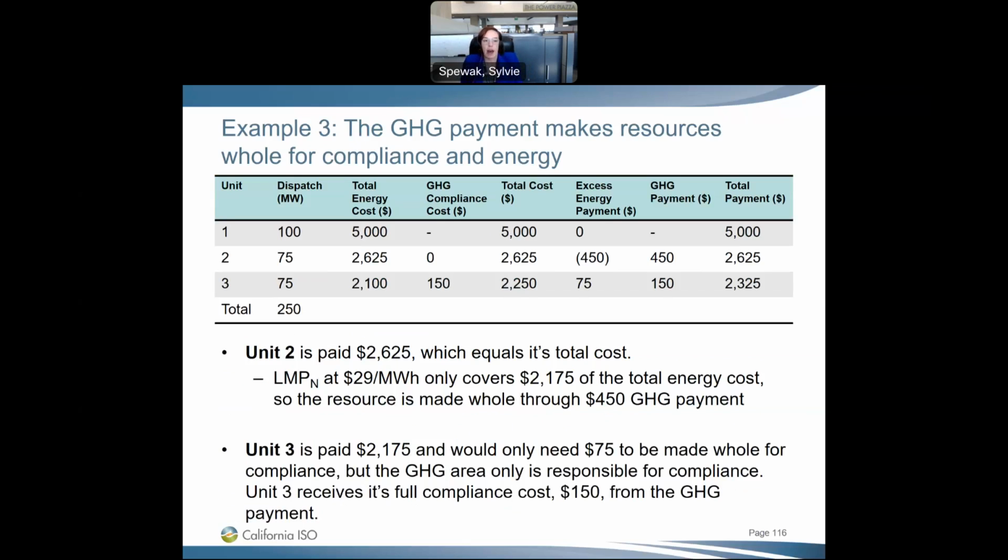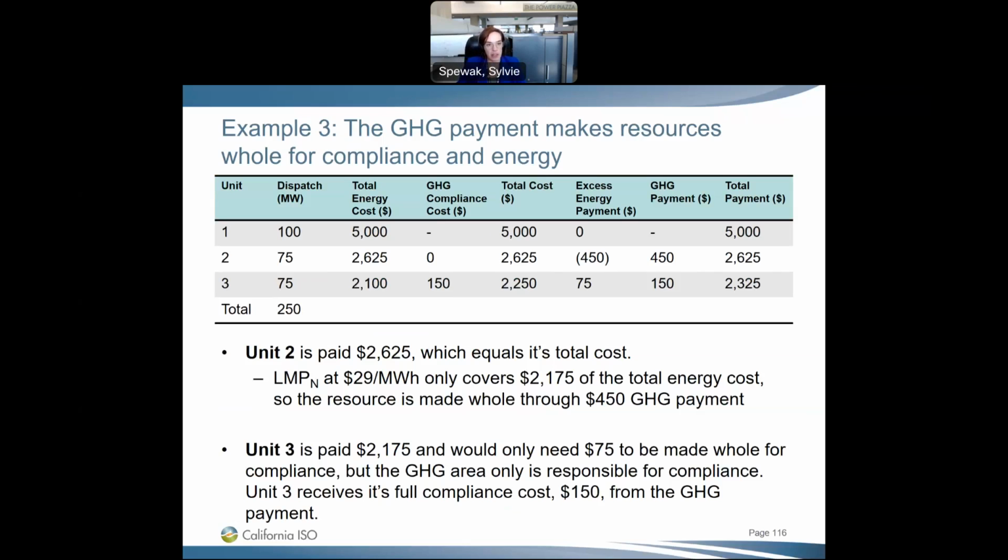Unit 2 is dispatched to 75 megawatts. It has a total cost of $2,625. LMPN only covered some of this payment, but the rest comes from the GHG payment, and so this resource is made whole.